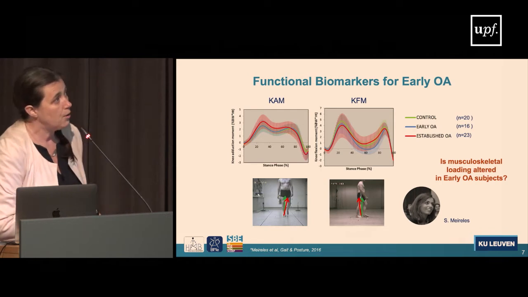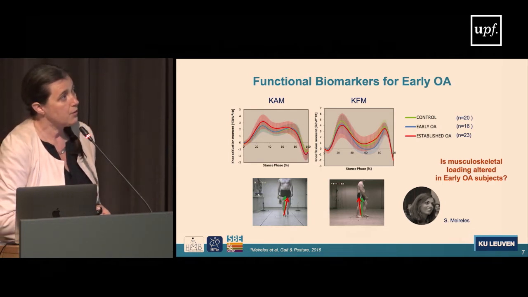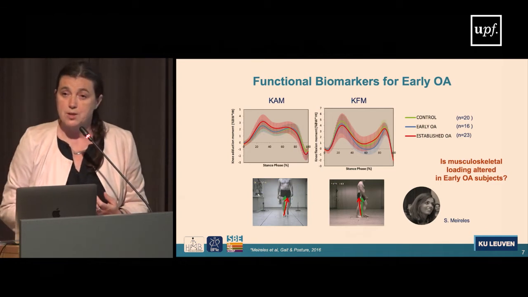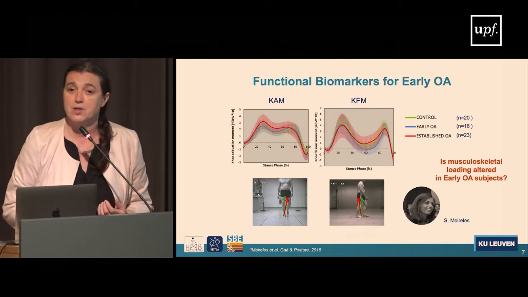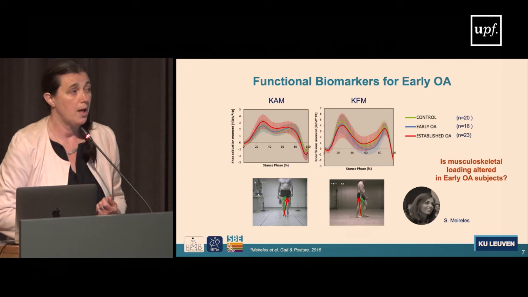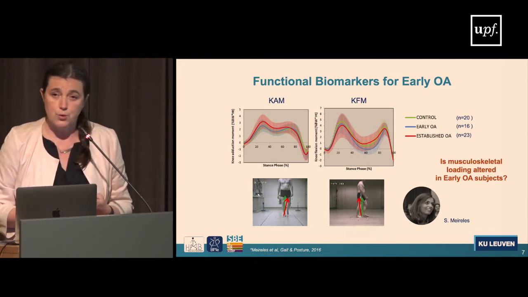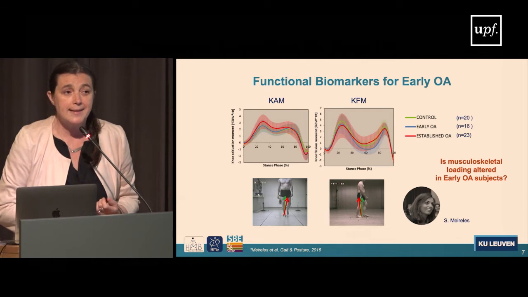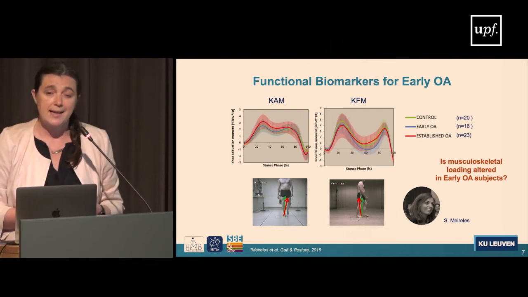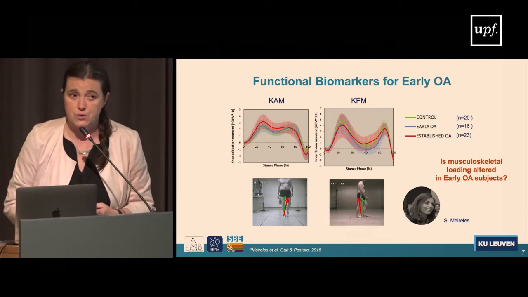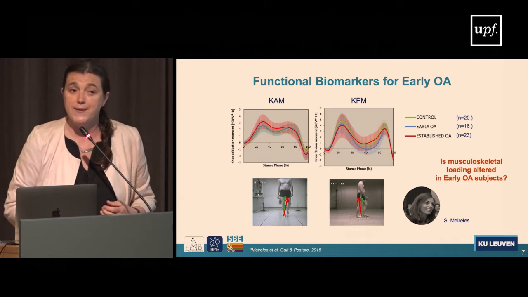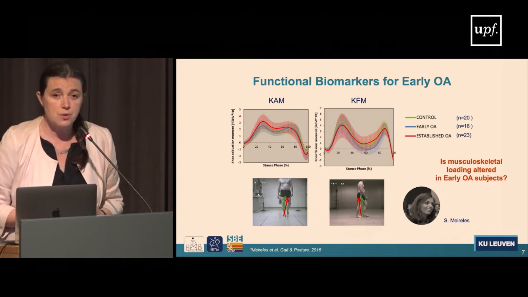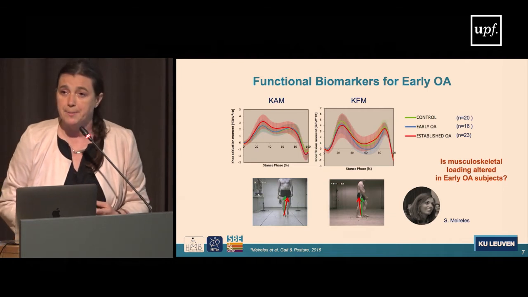We did a study in Leuven in which we selected control subjects in green and also established OA patients in red. And those are the typical patients that are reported in literature. But we also recruited a group of early OA patients, indicated in blue on the graph. These patients have minimal signs of osteoarthritis on radiographs, but they do have signs of osteoarthritis on MRI. So the structural progression in their joint is minimal.